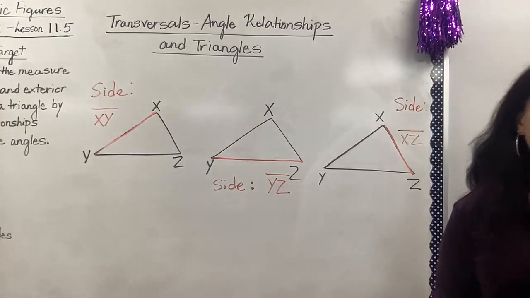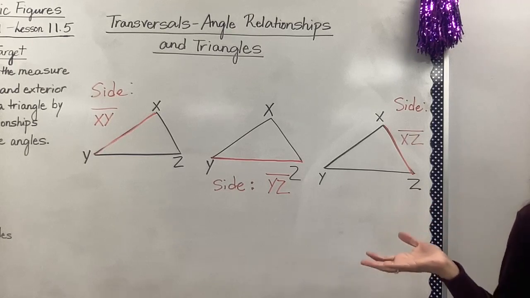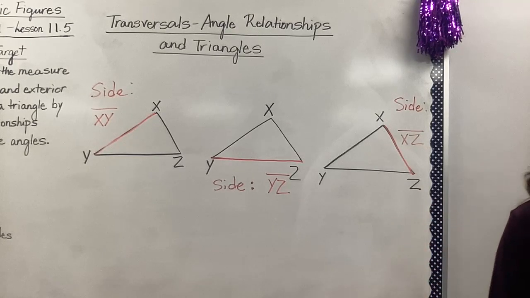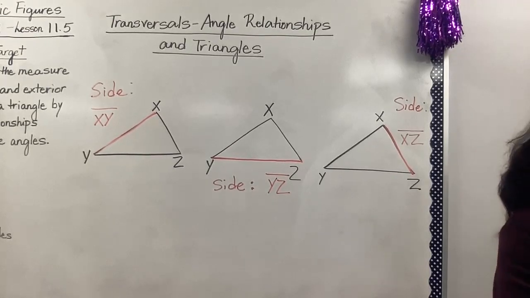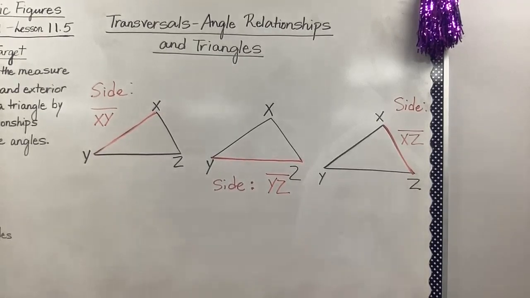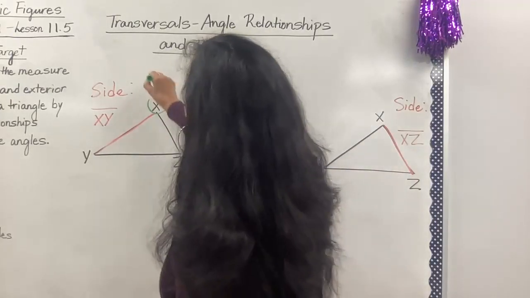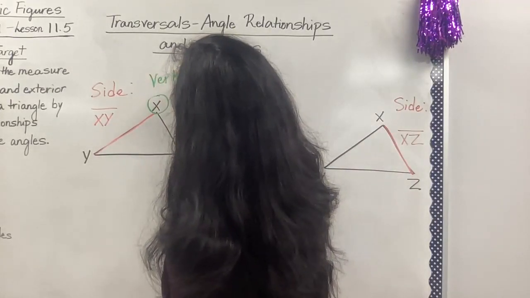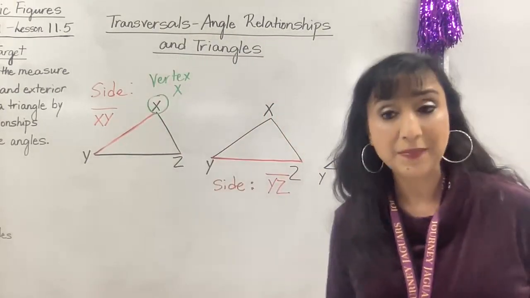Now let's do where the vertex is over here, or the vertices. Okay, so a point where the segments intersect is a vertex. And so let's look at what the vertex is. So this one is vertex X, because the lines are intersecting over there.